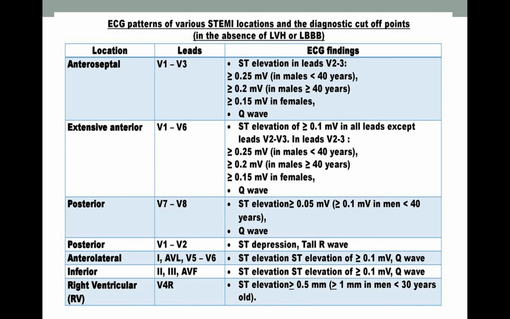V1, V2 is when we look at the reflection of V7, V8 posteriorly, where there will be ST depression lah, because it's a mirror of the anterior leads. So anterolateral is 1, AVL, V5 to V6, and inferior will be 2, 3, AVF, and for right ventricular, usually we put the leads over the right side and we read on the ECG strip through the V4 lead lah.